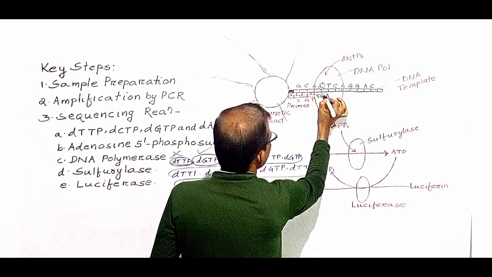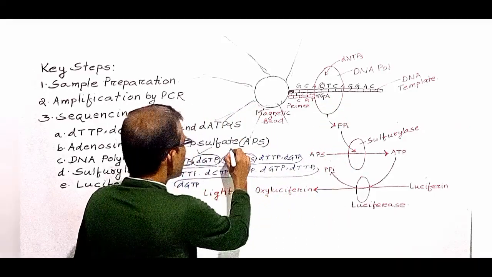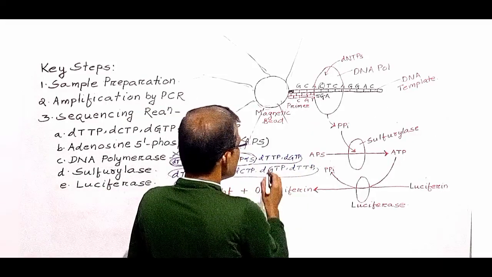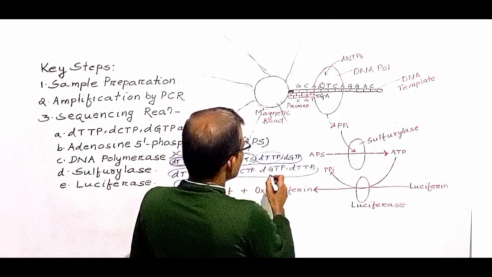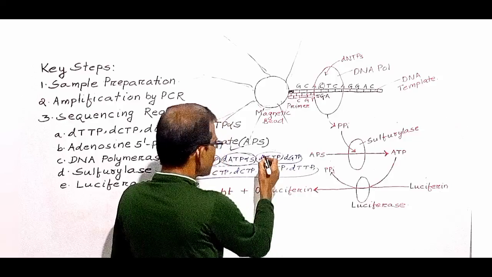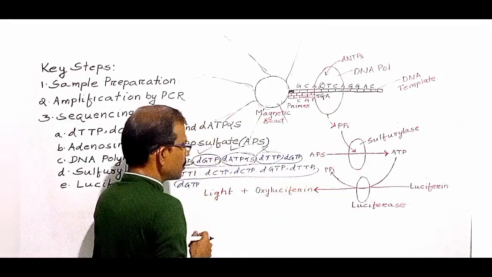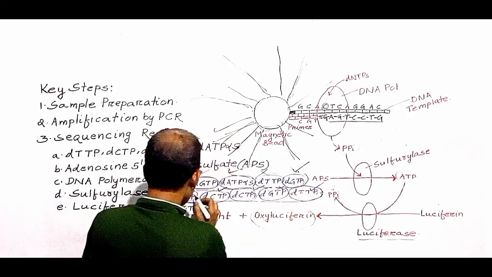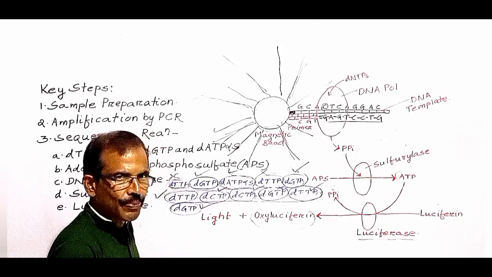So here again a phosphodiester bond is formed and one molecule of pyrophosphate will be released. Next we will add dTTP. This nucleotide will not be incorporated because thymine is not complementary to cytosine. This will be followed by the addition of the remaining deoxynucleotides in the assigned order.